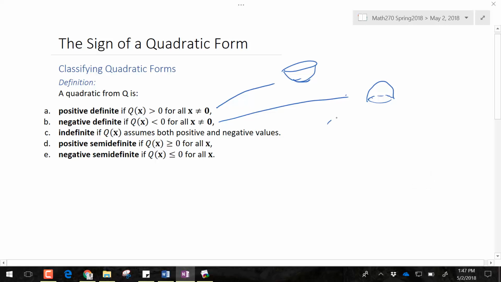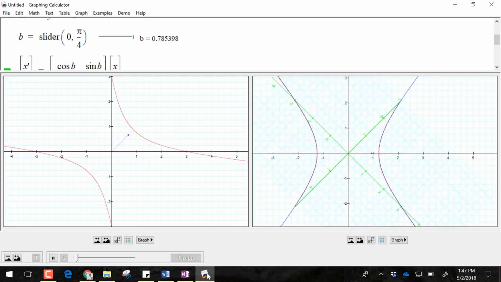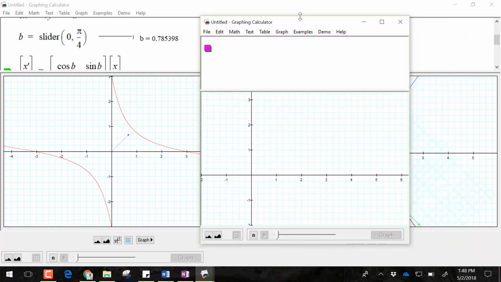You know what a saddle looks like? It's a saddle. Yeah, it's concave up on some parts and then concave down on other parts.